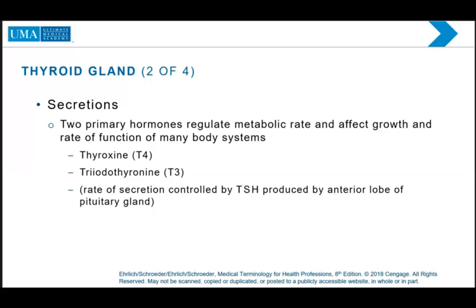Triiodothyronine, abbreviated T3, is another one of the secretions from your thyroid gland. The rate of secretion is controlled by the thyroid stimulating hormone, which is produced by the anterior lobe of the pituitary gland.